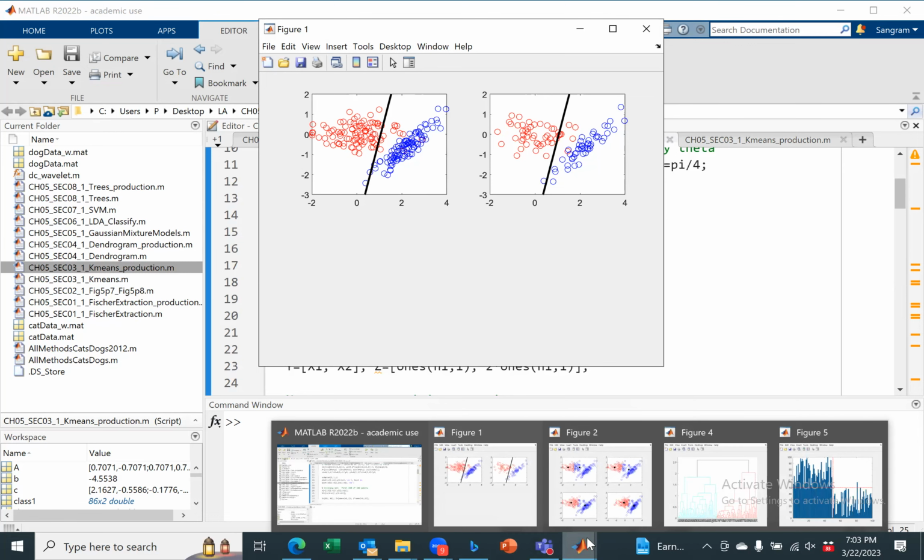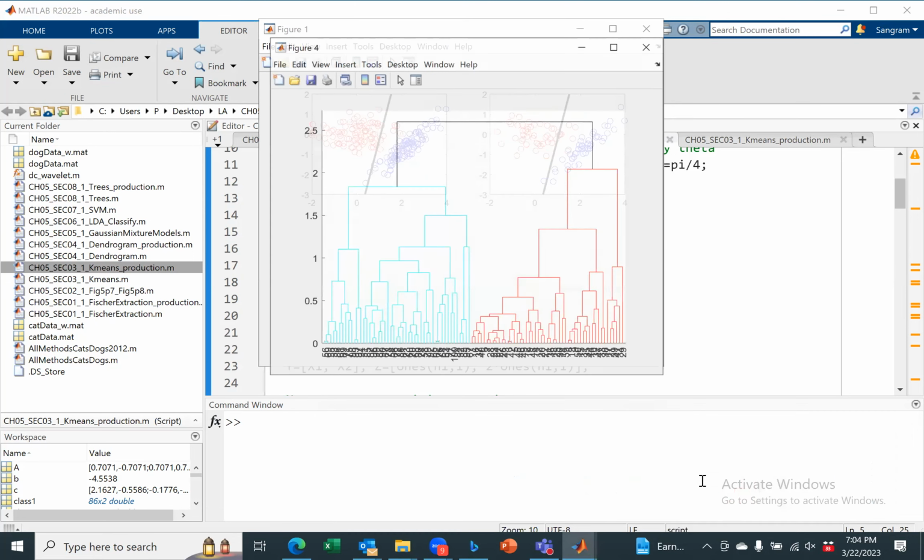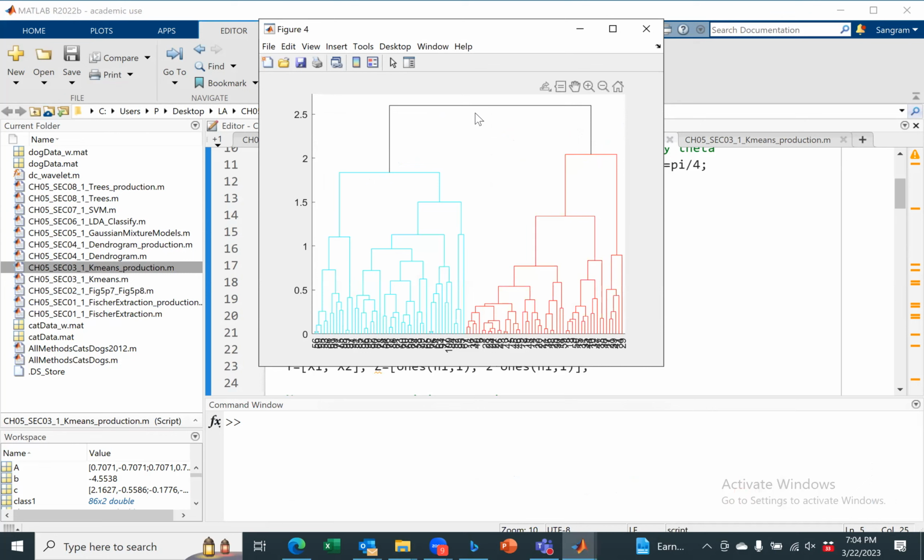The next part I want to talk about is an approach called dendrograms. Dendrograms are hierarchical structures, and in the hierarchical structures we are going to go through iterations. I will try to explain this in this figure. First, at the first level, I perform iteration 1 and separate out these 2 clusters broadly.